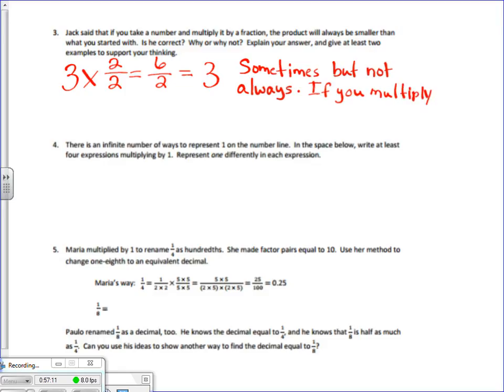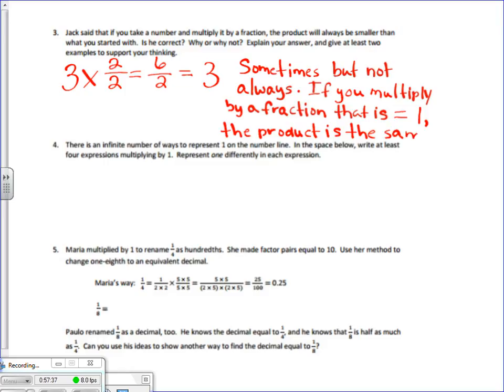If you multiply by a fraction that is equal to 1, the product is the same.